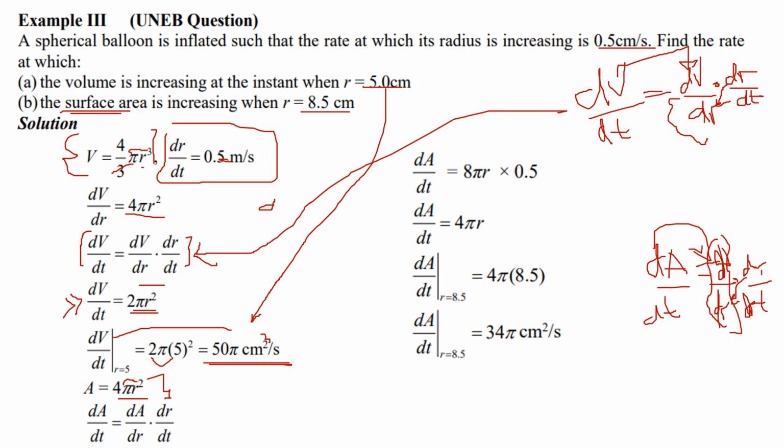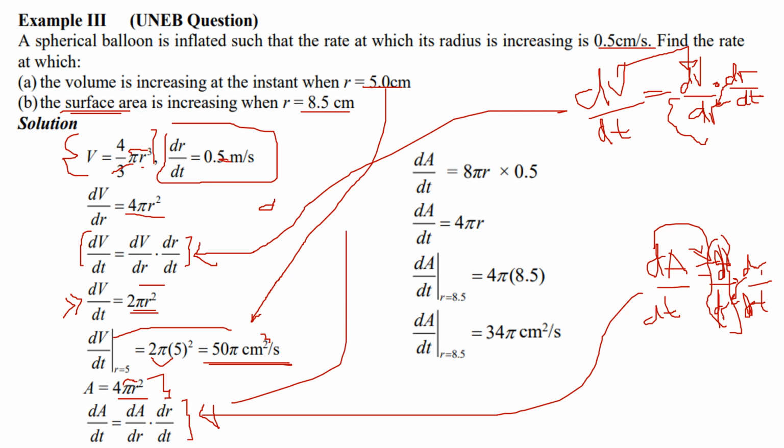So we bring this expression here, and we say that dA/dt is the same as dA/dr times dr/dt. After that, we say that dA/dt therefore is going to be equal to 8 pi r times the dr/dt, which was given in the question as 0.5. When you multiply these in your calculator you end up with 4 pi r.